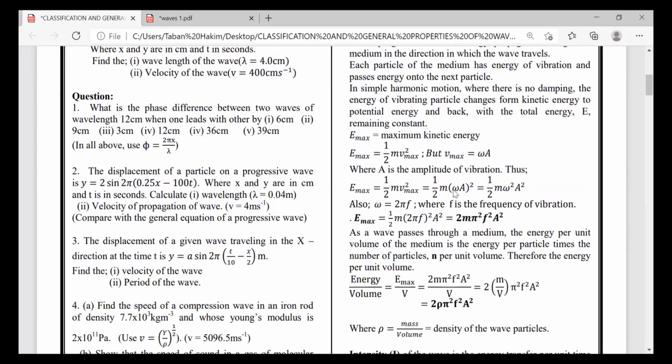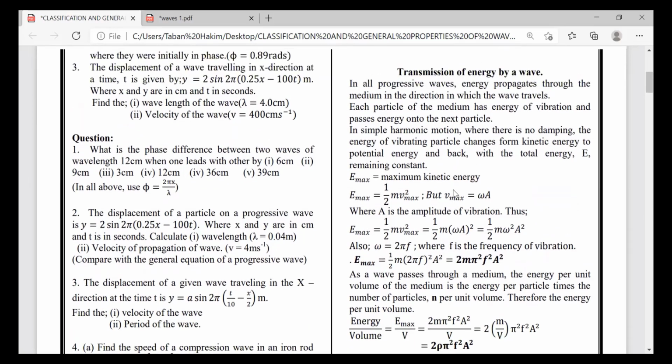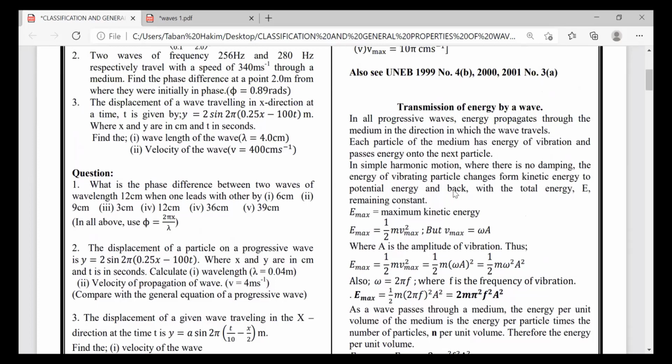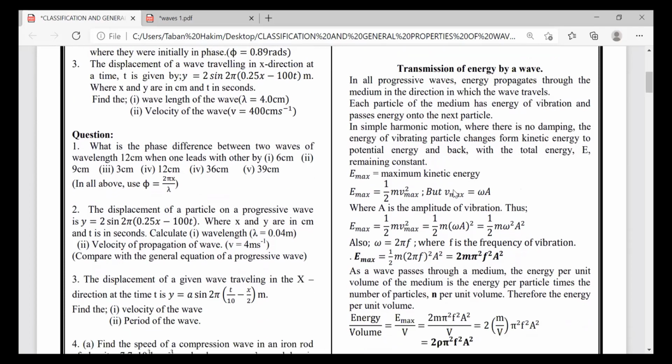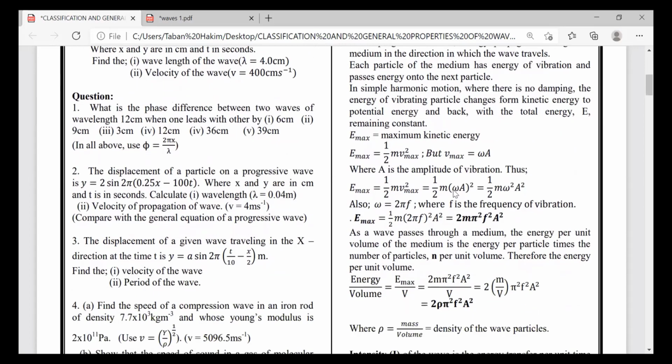For it, the answer is in meters, while for us, our answer is in centimeters. So the working is the same. Then number 3, the displacement of the wave traveling in this direction at time t is y is equal to that in meters. The velocity of the period, that one is also very simple.